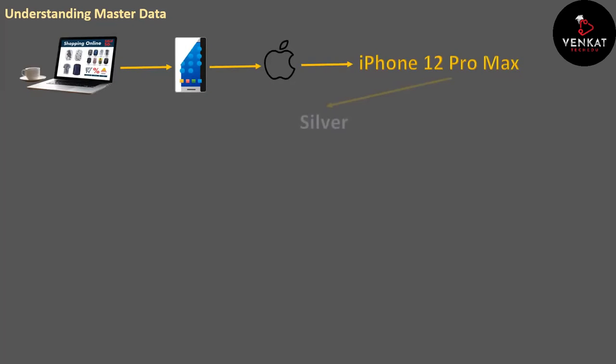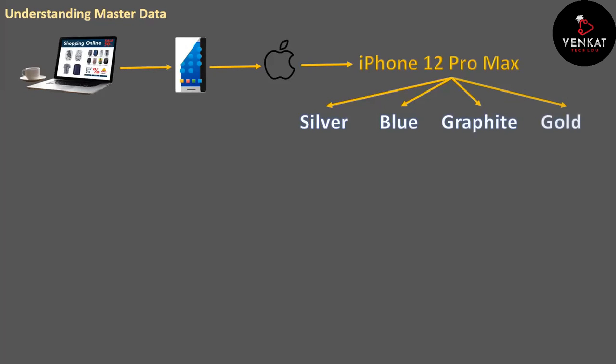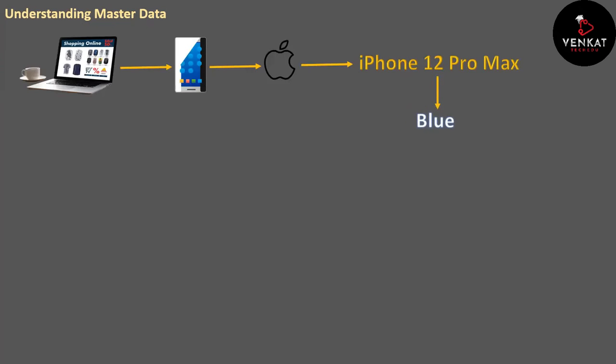This is further categorized based on color, and each color is further categorized based on memory: 64 GB, 128 GB, 256 GB. For the 13 Pro Max, I think it has 1 TB also. So I'm just taking one variant out of all the products listed on Amazon: iPhone 12 Pro Max in blue color with 256 GB.